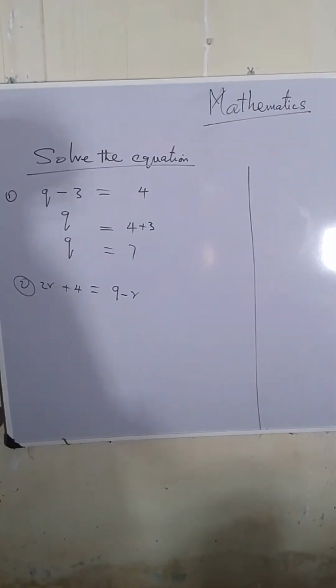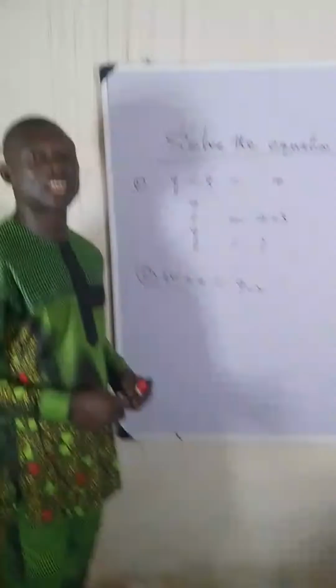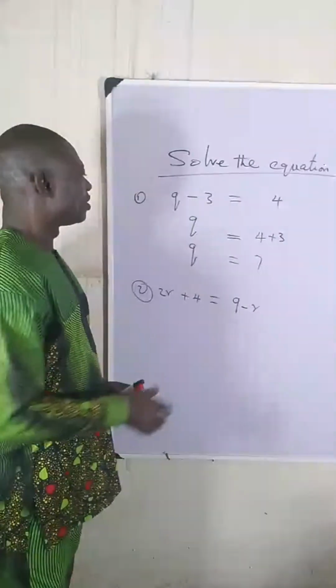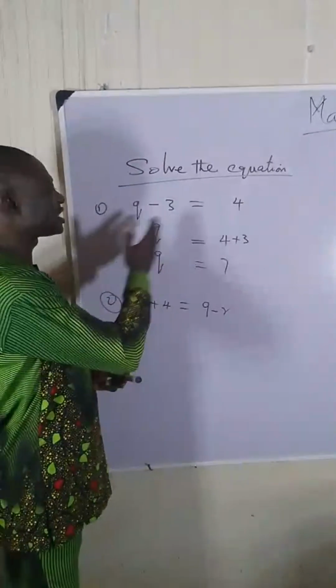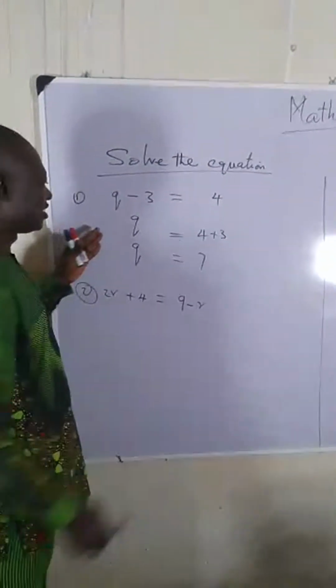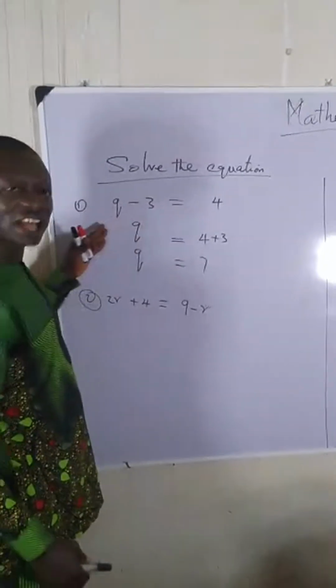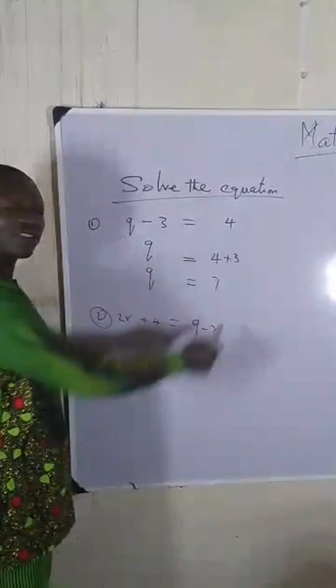All right. Like we said in our first class, when we have an equation like this, we collect like terms. Any number or a letter that will move from one side to the other: this is left hand side, this is right hand side. If minus 3 moves from left hand side to right hand side, you change from minus 3 to plus 3.